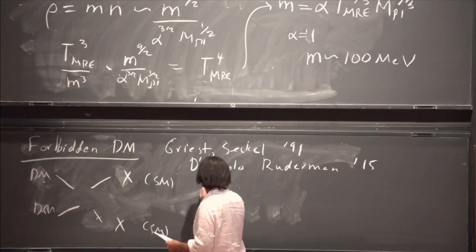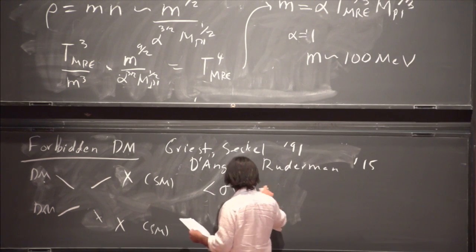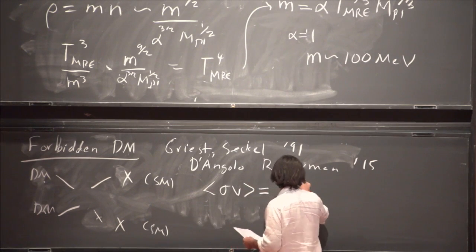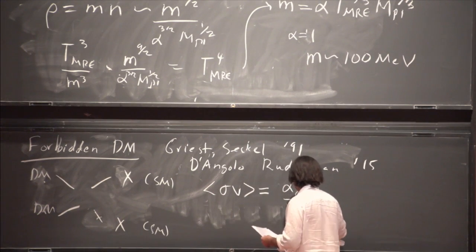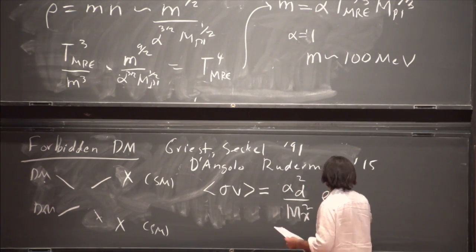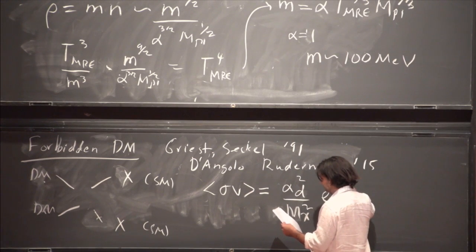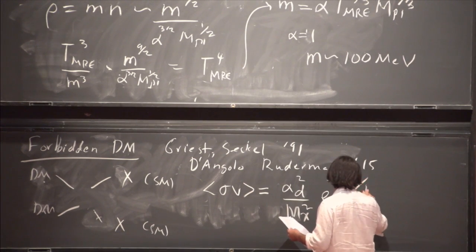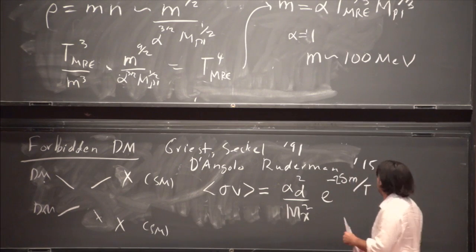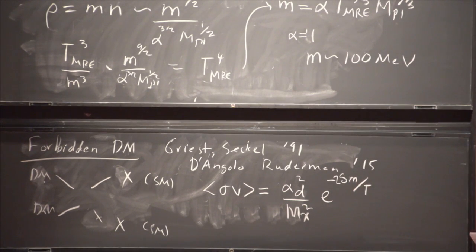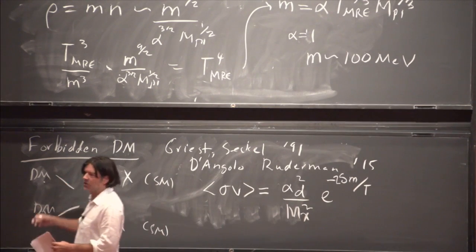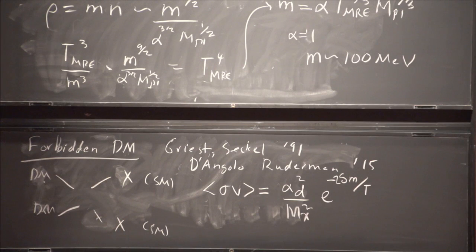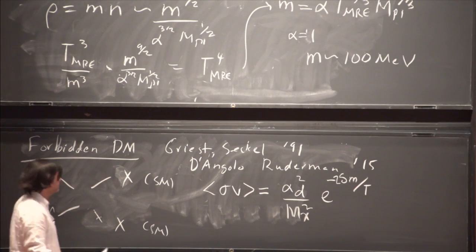And in that case, the cross-section estimate that you do, which is alpha dark squared divided by m dark matter squared, comes with an additional suppression of e to the minus 2 delta m over T, which is just to say that I need to find 2 dark matter particles that have enough kinetic energy in them to overcome the fact that they kinematically cannot actually annihilate, right?